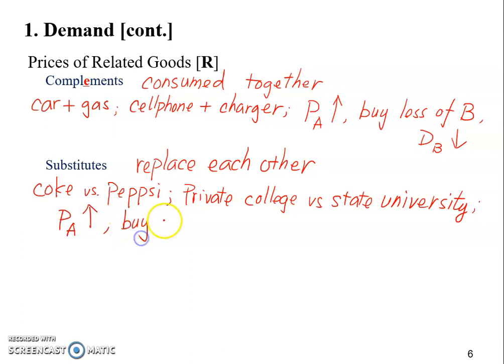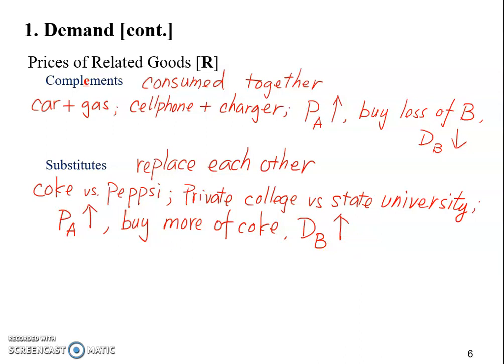Because now Coke becomes relatively cheaper. Okay, so the demand for B, here is Coke, would go up. Okay, and vice versa, when Pepsi becomes cheaper, then people are going to buy more of Pepsi and less of Coke. So the demand for Coke is going to go down. Okay, so this is substitutes.